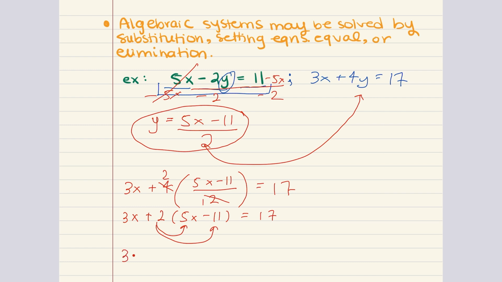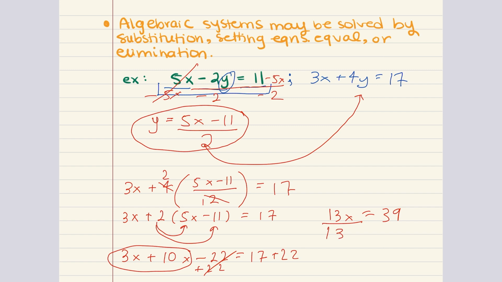When we do that, we get 3x plus 10x minus 22 is equal to 17. Let's add these terms together: 3x plus 10x is 13x. And then let's add 22 to both sides. So now we have 13x is equal to 39.